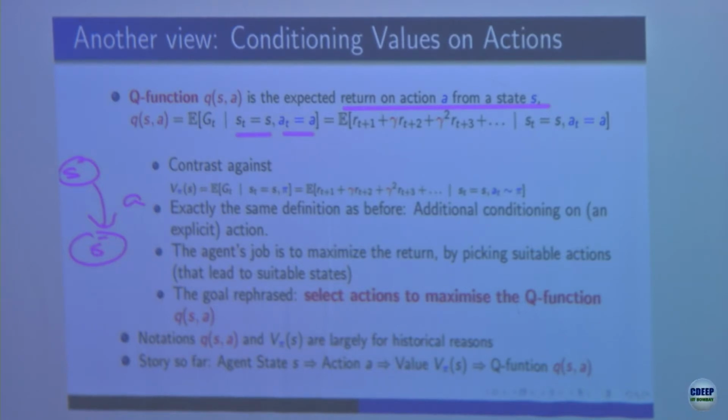Your value function was completely focused on the expected cumulative long-term reward from S, but the Q function says I am not just interested in that, I want to see what effect the choice of A from S would have. So you are looking at the combined effect of S and A, but otherwise it is the same. So Q S A and V pi S both exist largely for historical reasons, and perhaps I will build on the Q function in the next class.